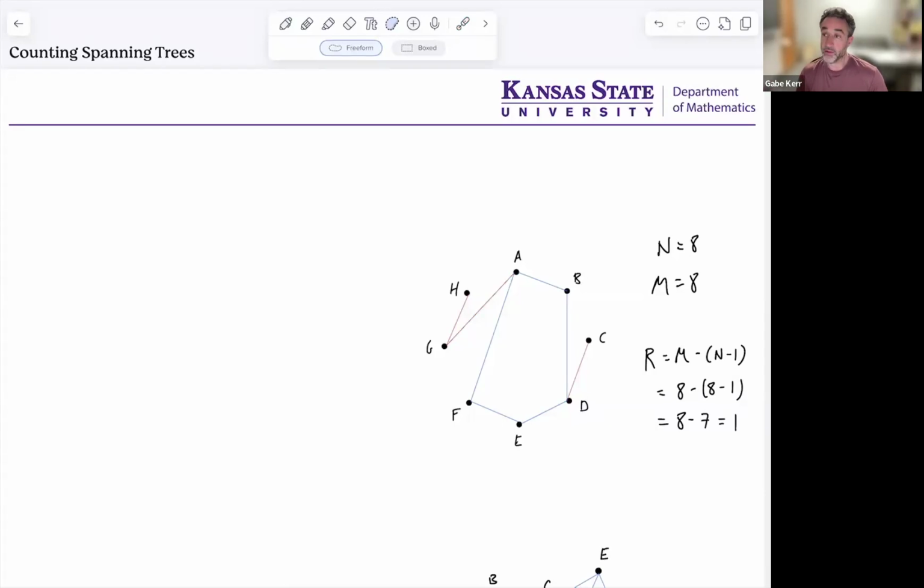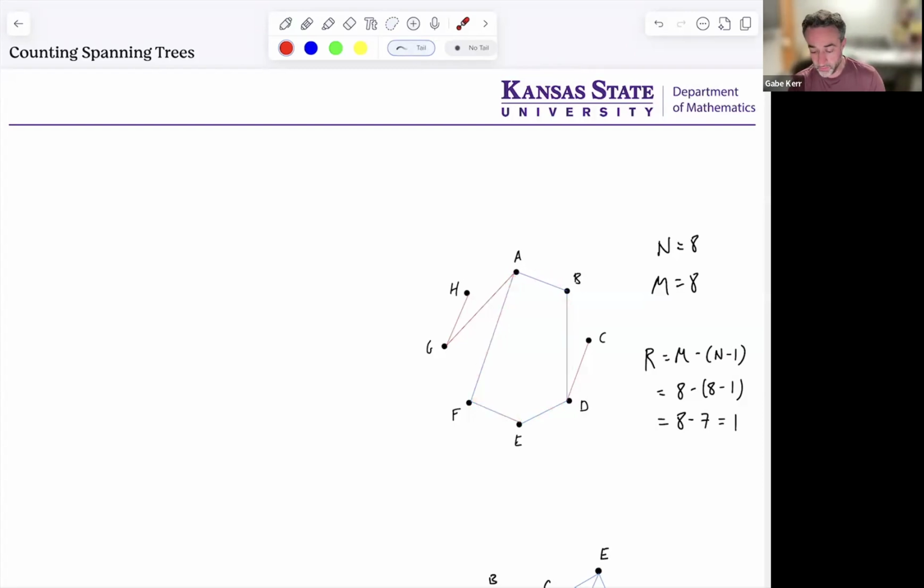Now I have some choices here. You can think of the choices as which edges to add, or you can identify that what I'm left with is a single cycle sitting in the middle of my graph.